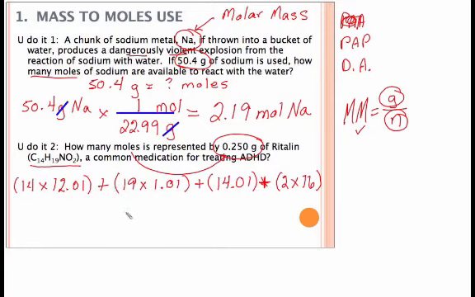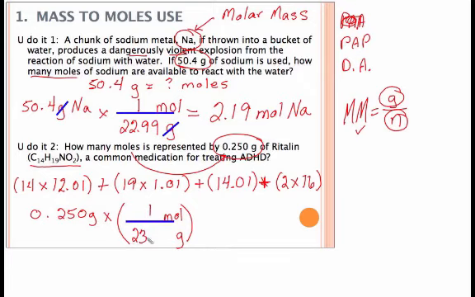So if we add all those up from the periodic table, we will get our molar mass for our Ritalin, and we'll have 0.250 grams times, now I'm going to set it up the other way for those of you who like that a little bit better. This way shows the mathematics a little bit. And we want to get rid of grams. We want moles.